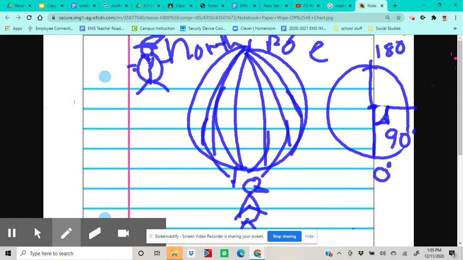But children, it wouldn't make sense for this to be 359 degrees east, when if I was standing here and went this direction 1 degree, it would only be 1 degree west. So we split the earth in half.